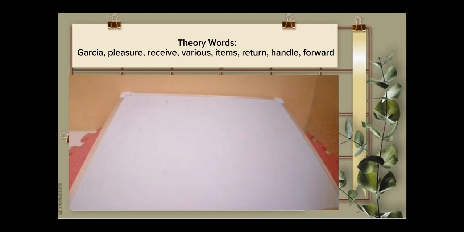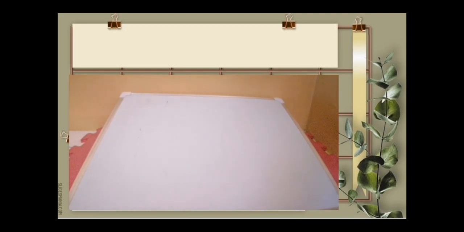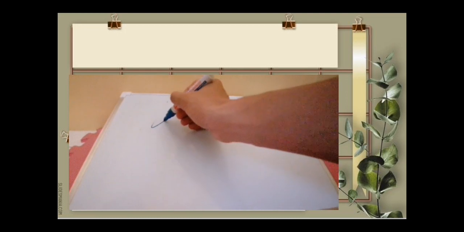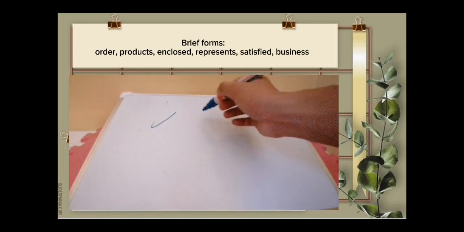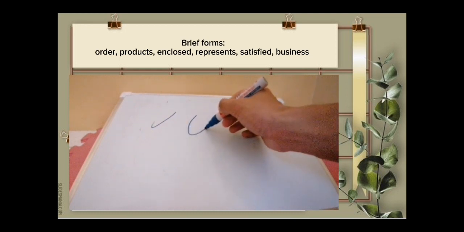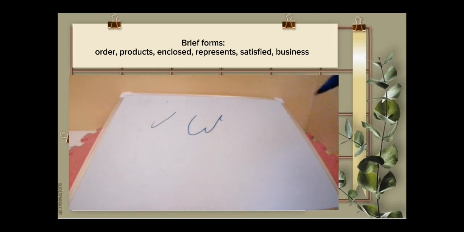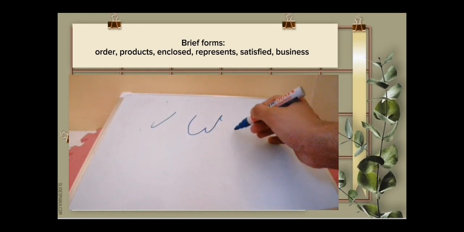And next we have the brief forms for our lesson 42. First brief form word we have order. Next we have products. Next word we have enclose.